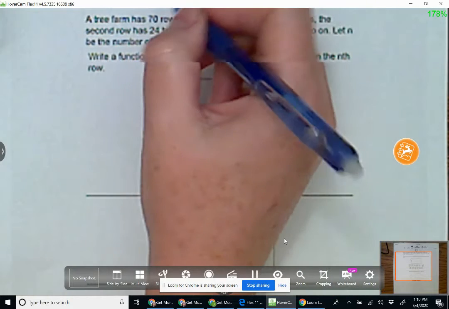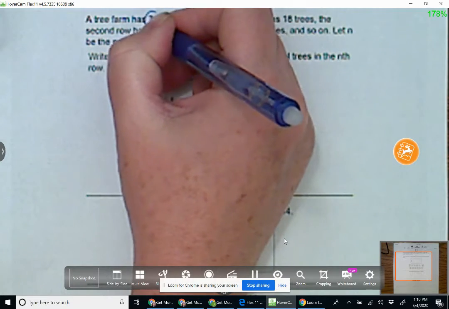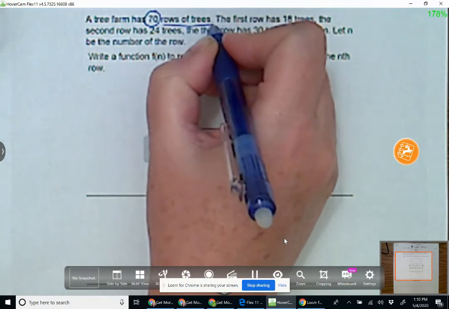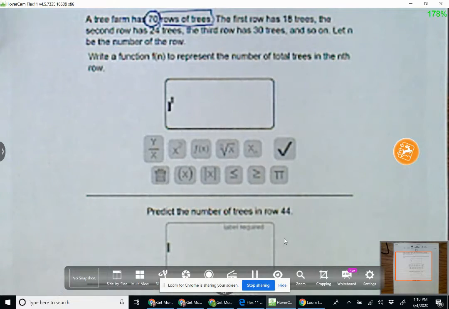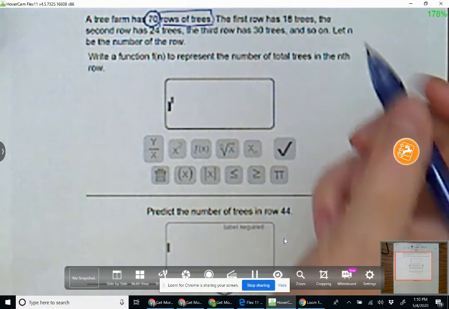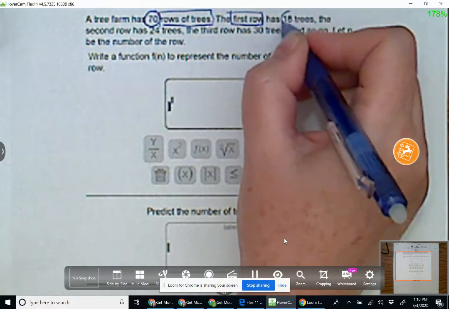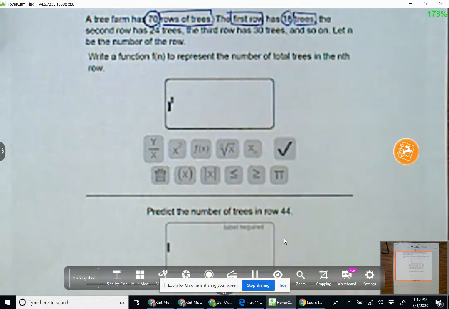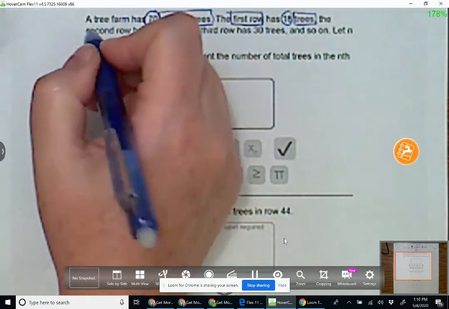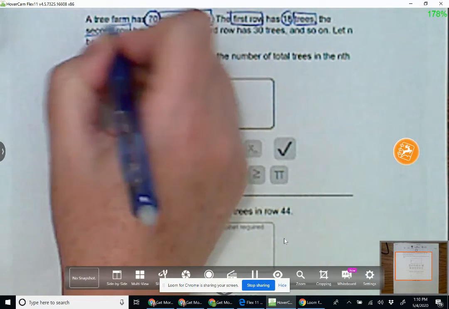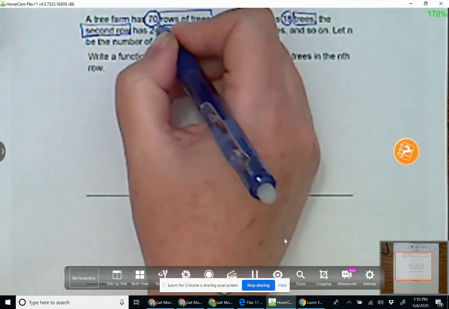Now I went ahead and printed it so I can circle this for you. 70 rows of trees. The first row has 18 trees. The second row has 24 trees.